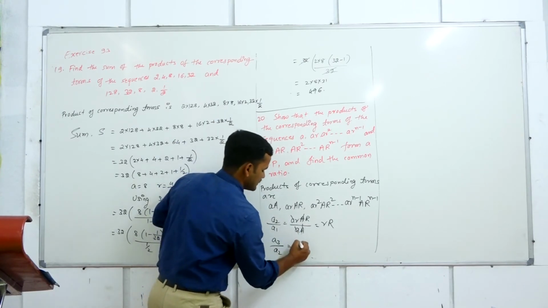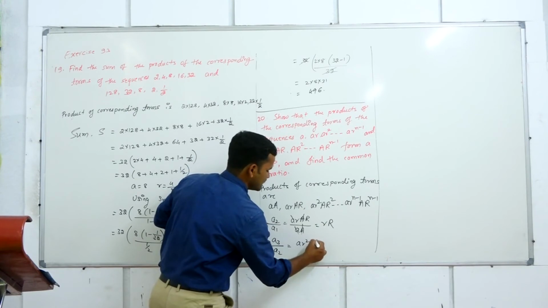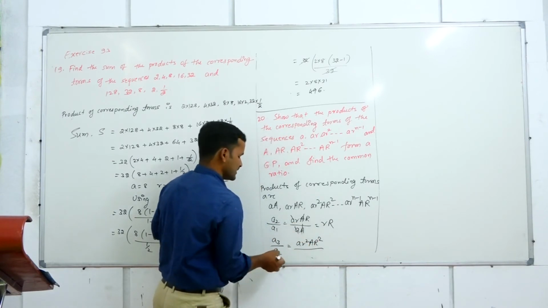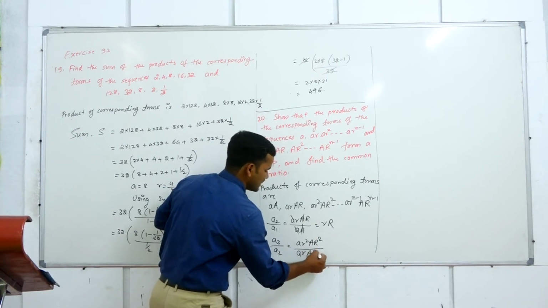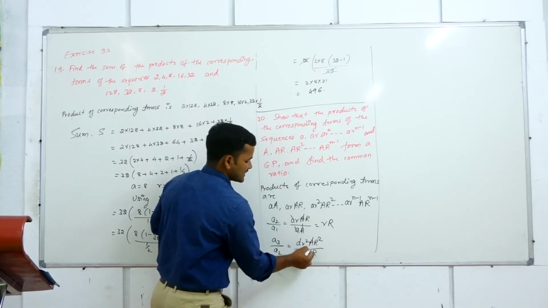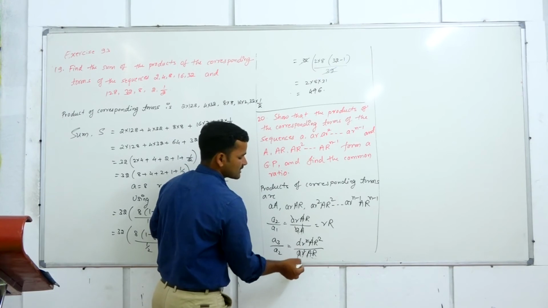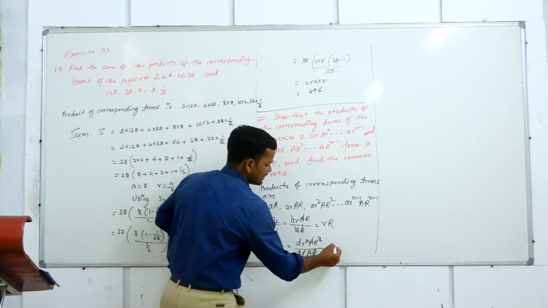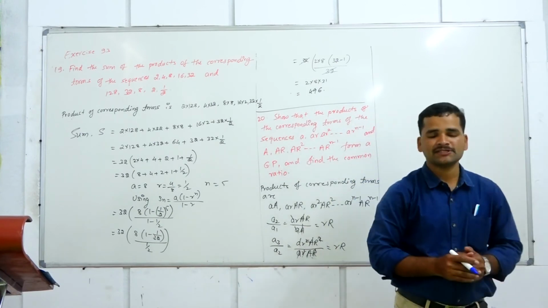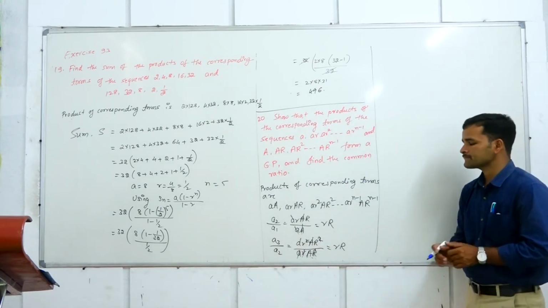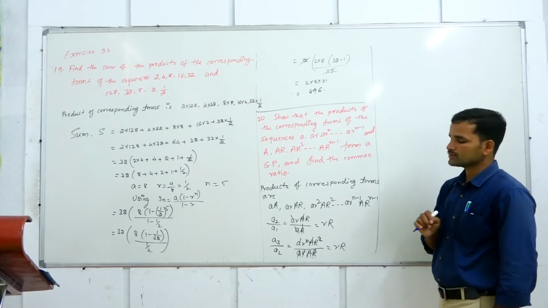A3 is A into R square divided by A2 is AR into AR. AA gets cancelled and one time R also gets cancelled. We are left with R into R only. Like that you take the ratio between any two consecutive terms. That will be R into R only.